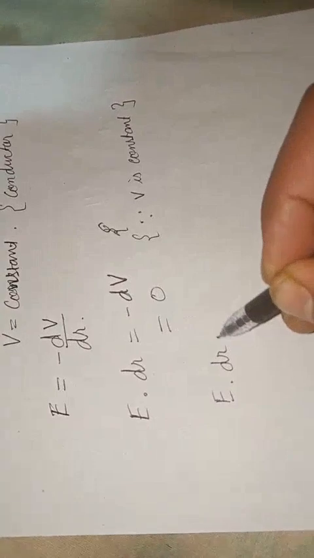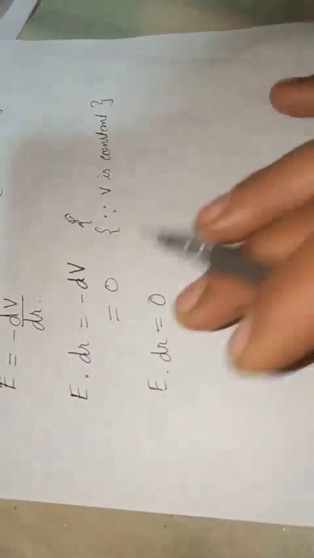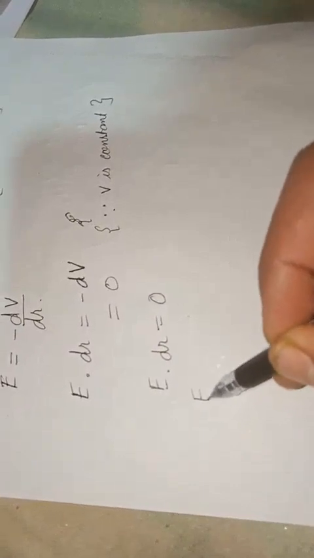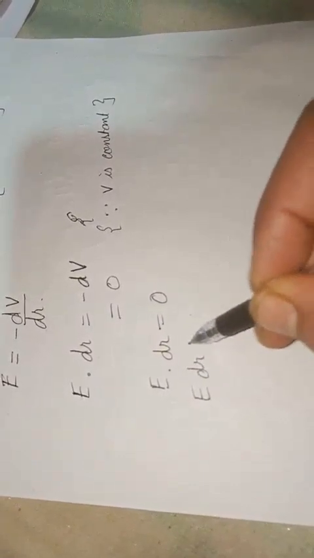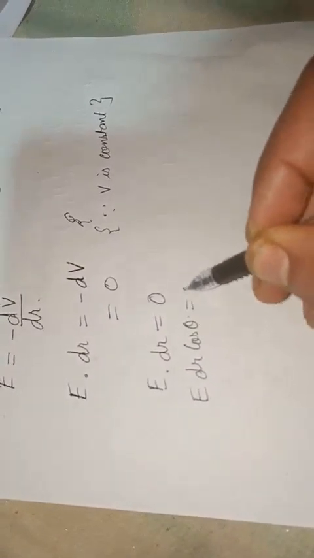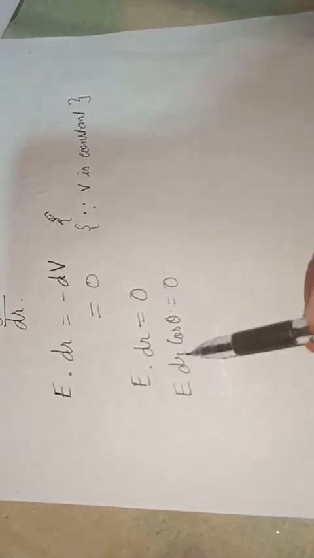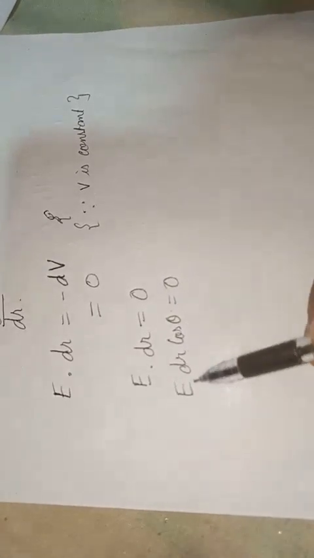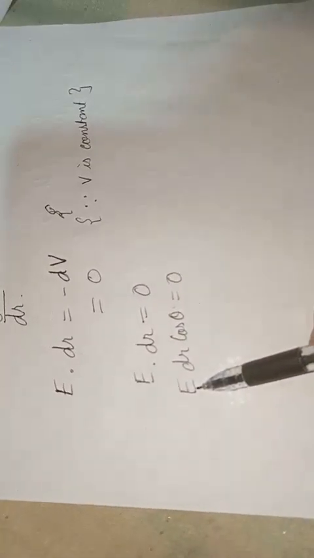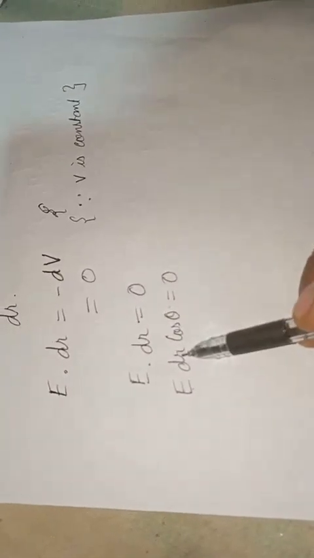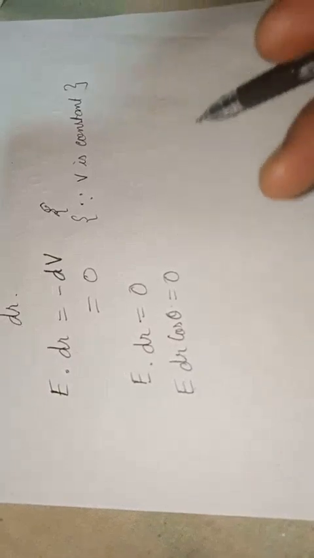If V is constant, therefore E dot dr equal to 0. And if we open this dot product, it will become E dr cos theta equal to 0. E is not equal to 0 because there must be an electric field due to a charged particle, and dr, the distance, is also positive.